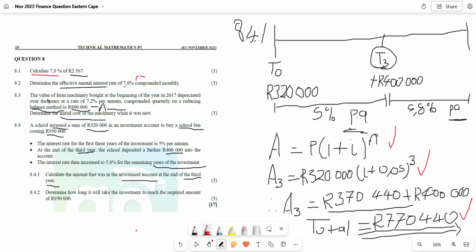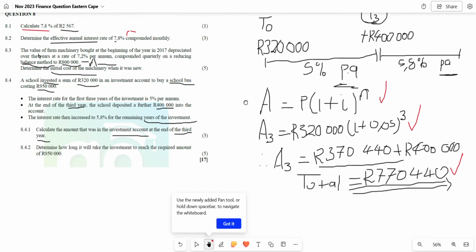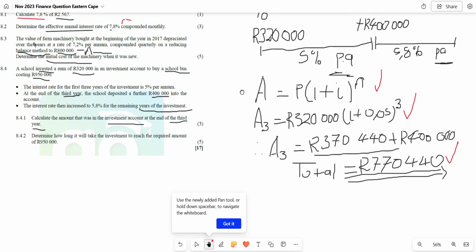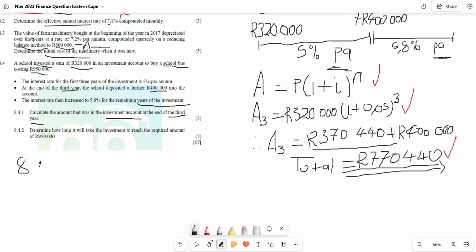Now we still proceed. I was thinking of clearing some space, but it's fine. Let us just have our timeline with the values and interest rate. Then we proceed to 8.4.2.